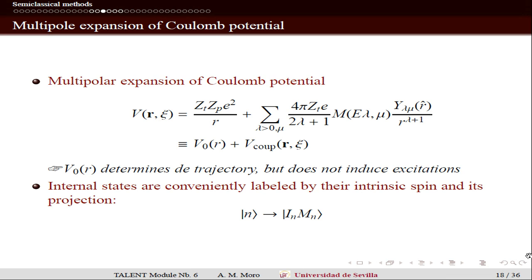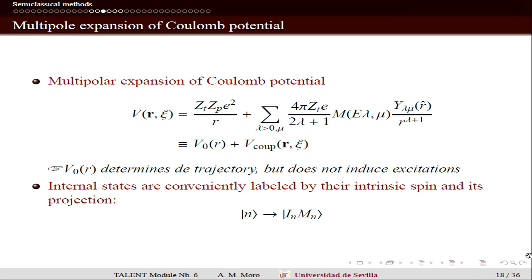This is the same expression that we had in the quantum mechanical description that we did in the previous days. So this V naught will determine the trajectory, but will not produce excitations of the projectile. And this V coupling will be the one responsible for possible excitations of the projectile.